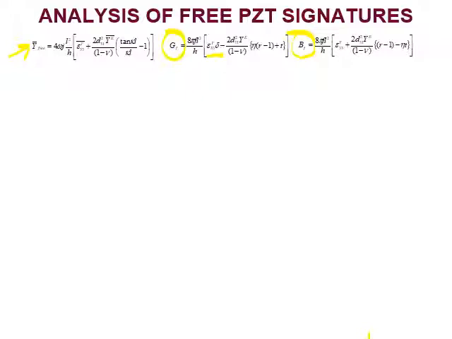What we have used is that this tan KL by KL, we have substituted it as R plus TJ. This is the substitution for tan KL by KL. So we can simplify like this.